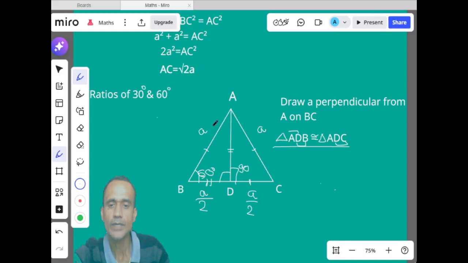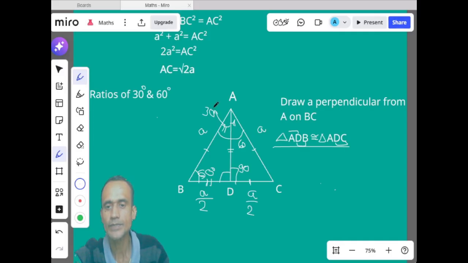Now these two triangles are congruent, so that means that these two angles are also equal. But this complete angle is 60 degree. So this small angle will be 30 degree.